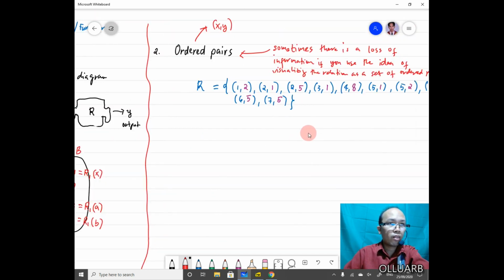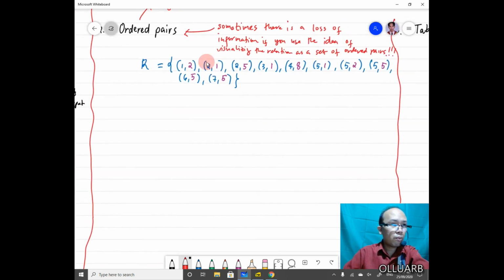Okay, why is that? Because if you visualize this using a diagram, you have to create an oblong here and then put the elements, the domain, and then put the values of the range.